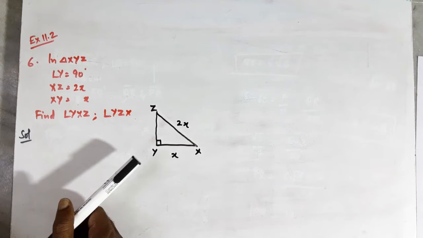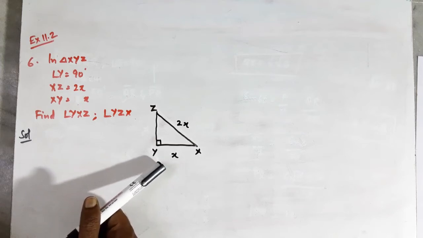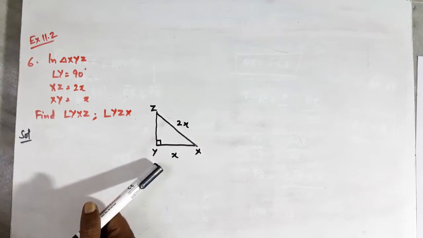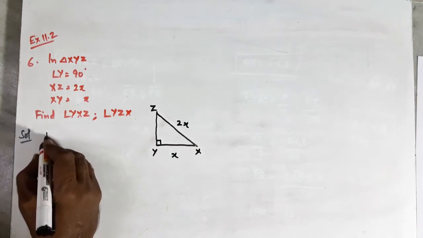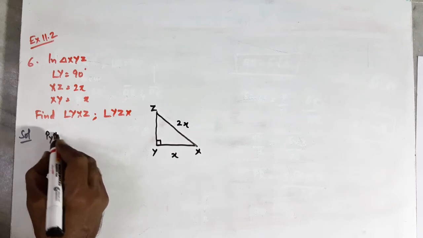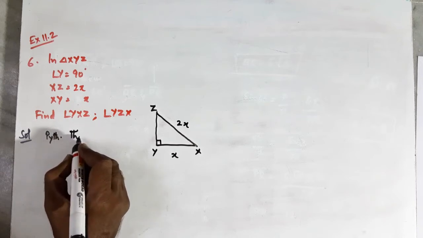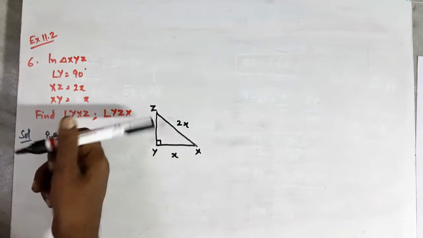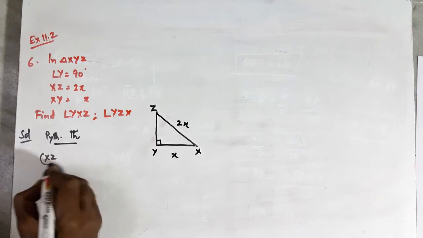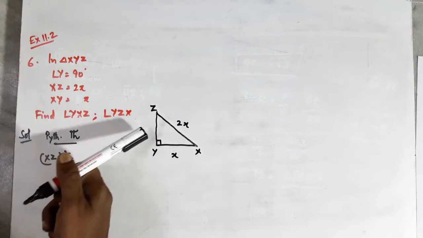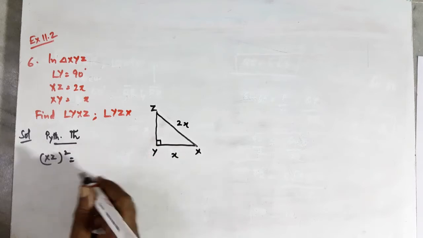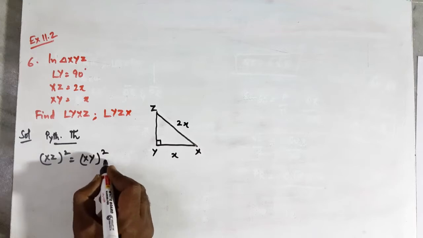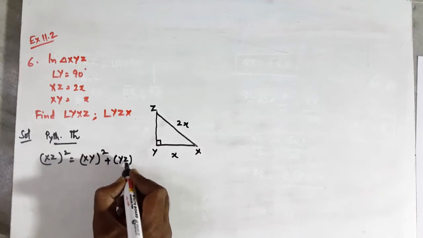In previous videos we have seen that first of all we have to find all the three sides of the right angle triangle. For that we have to use the Pythagoras theorem. By Pythagoras theorem, the square on the hypotenuse, XZ whole square, is equal to the sum of the squares of the other two sides, XY whole square plus YZ whole square.